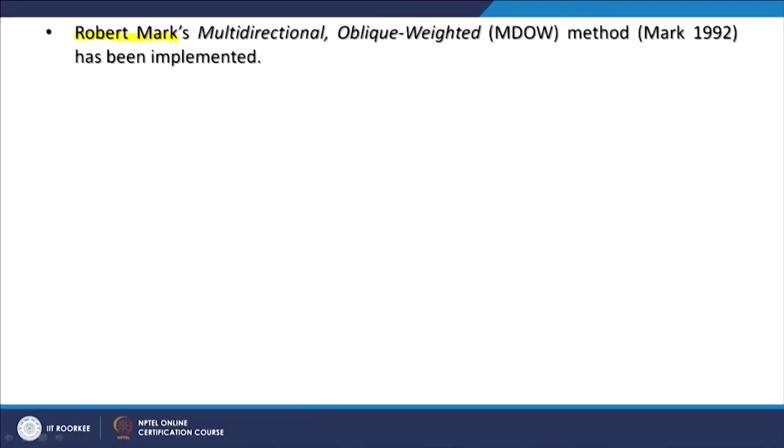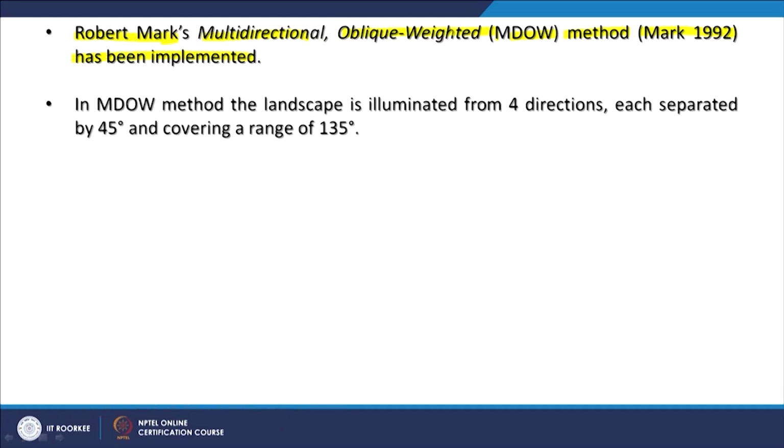Whereas others, like Robert Mark's multidirectional oblique weighted MDOW method, from Mark 1992, have been implemented. So, Brassel's method has not been implemented, but this one has. The only difference is both are multidirectional, fine, similarity is fine, but this is obliquely weighted, based on the surface normal.